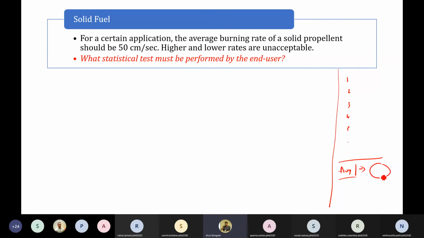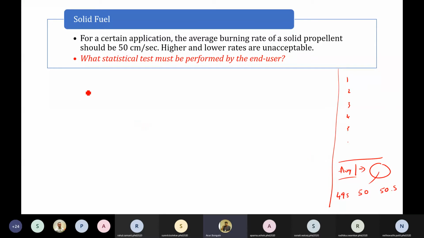Some average value I will come out with. So the average value can have three possibilities here. It can be equal to 50, or less than 50, say 49.5 or 48, or greater than 50, say 50.5 or 50.4. So there are three possibilities.